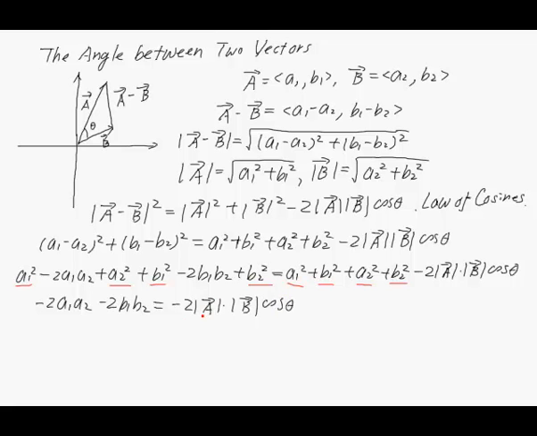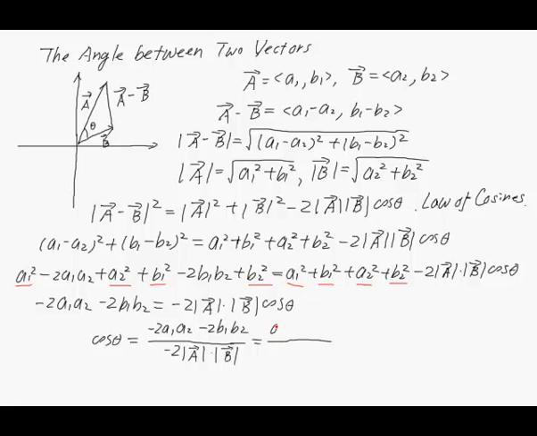Now let's divide both sides by negative 2 times the magnitude of a and the magnitude of b. Then we get cosine theta, and we cancel this negative 2 from the numerator and denominator.